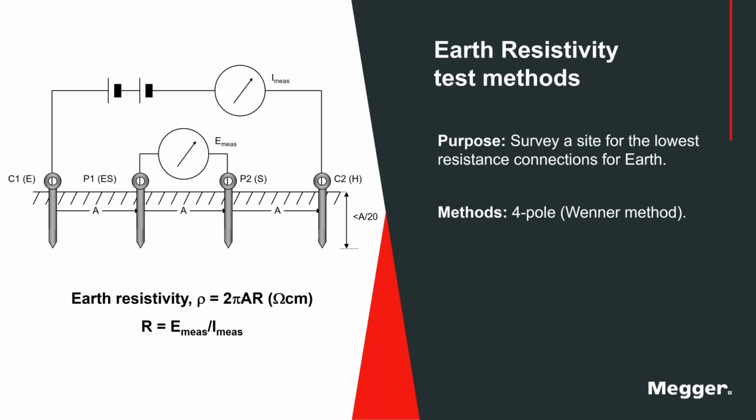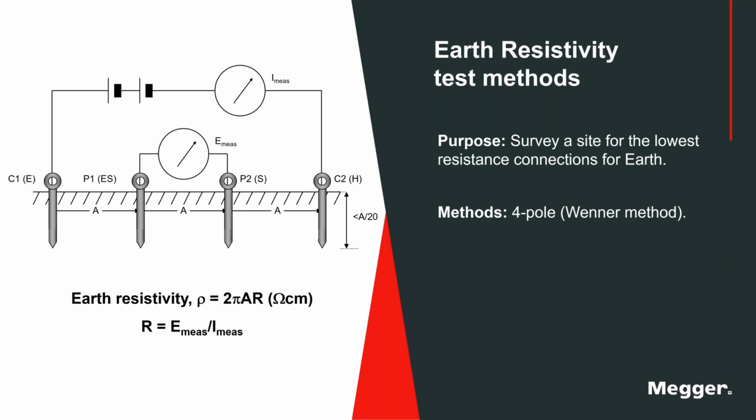Now, ground testers come in 3-terminal and 4-terminal configurations. Either one will do a resistance test of your electrode, but in order to do resistivity, you must have 4 terminals. So if you're buying a tester, just look into your crystal ball and evaluate what you may be called upon to do.